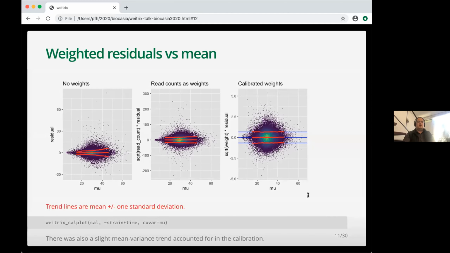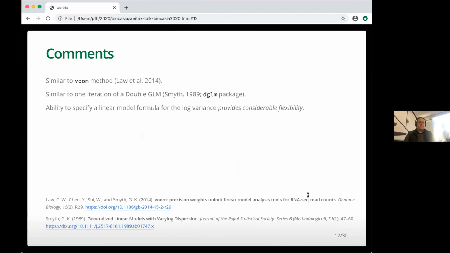Okay. So a few comments on this. This is similar to the voom method, but somewhat more general because we can throw in other pieces of information rather than just the mean.